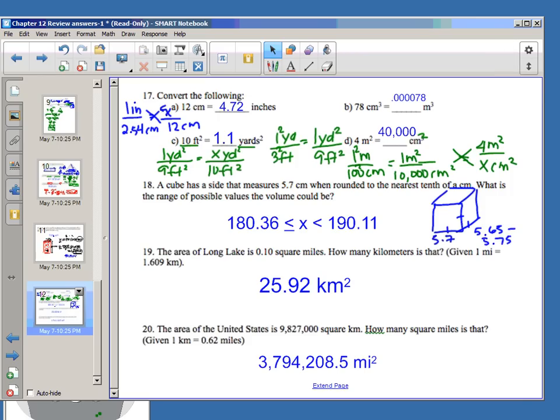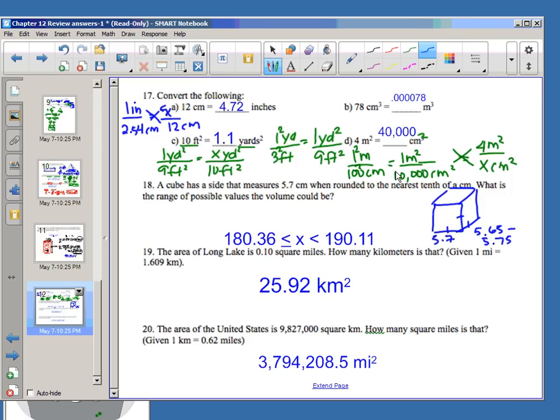To get the volume, I would do 5.65 cubed, because all of the sides on the cube are equal. My biggest value is 5.75 cubed. They're all the same, so you can just cube it. That should give me 180.36 and 190.111. Again, it can't be equal to this last one because 5.75 would actually round up.